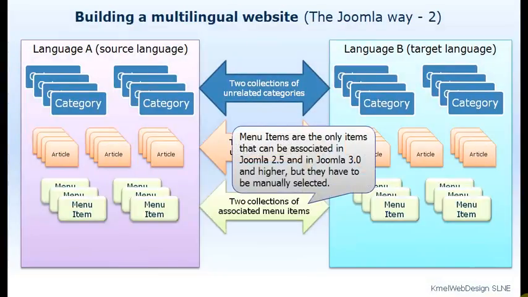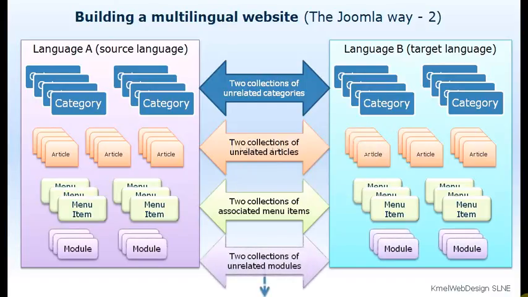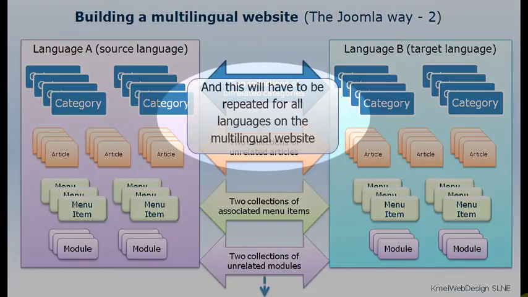Menu items are the only items that can be associated in Joomla 2.5 and in Joomla 3.0 and up, but they have to be manually selected. There are two collections of unrelated modules, etc. This will have to be repeated for all languages on the multilingual website.